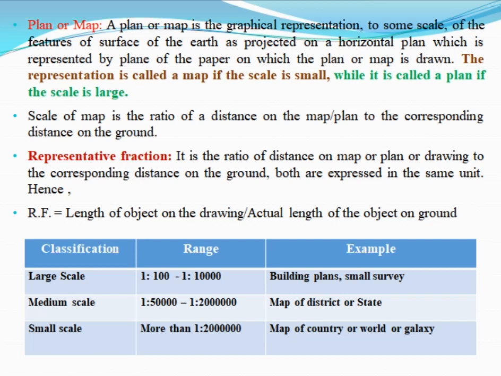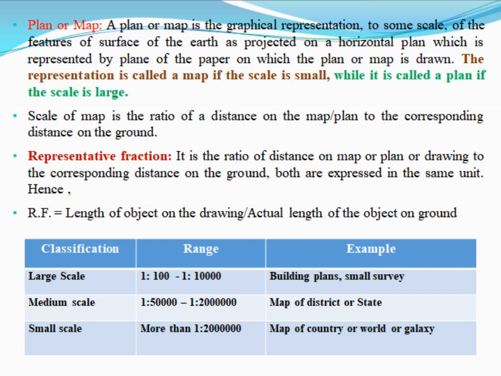The representation is called a map. If the scale is small, it is called a map, and if the scale is large, it is called a plan. When the representation is for a smaller area, then we call it a map, and when you have to consider a larger area, it is called a plan.